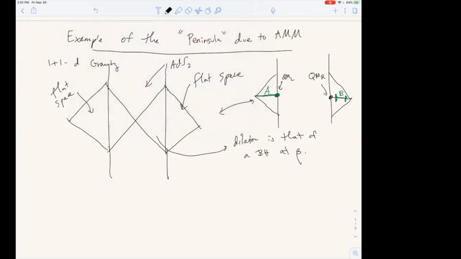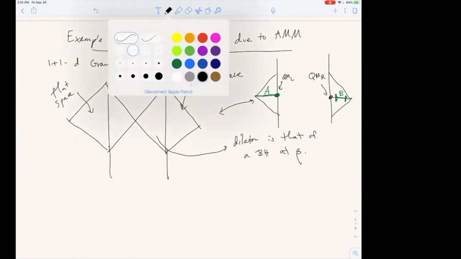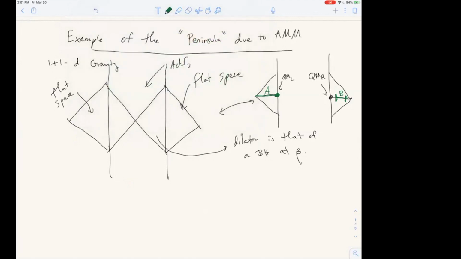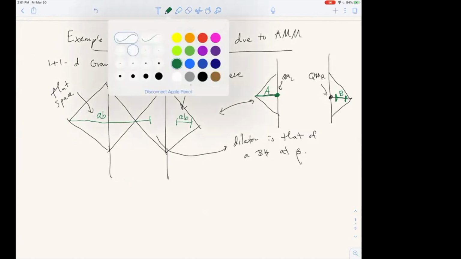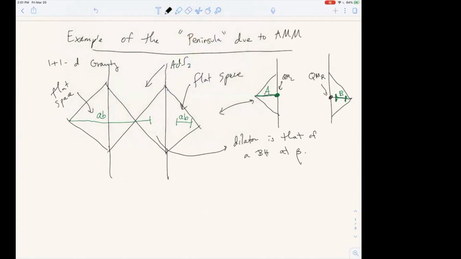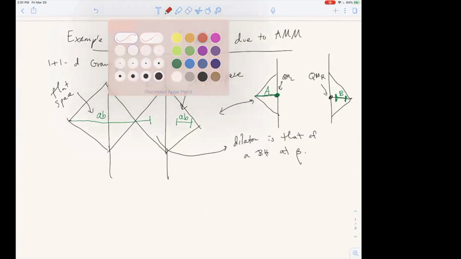So over here in the gravity picture, what does this look like? What happens is that AB now includes, so this will be AB. The left region on its own would just include this left exterior of the black hole. So let me do something here.